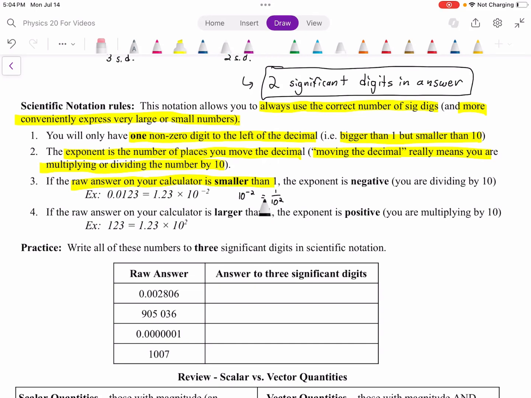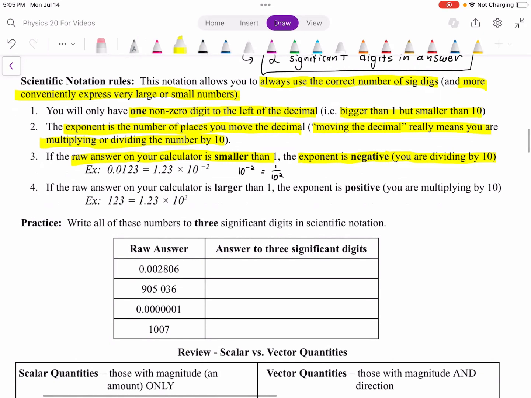So you can see there we're dividing by 10 twice. So 1.23 times 10 to the negative 2 is the same thing as 0.0123, okay? The exponent will be negative for numbers that are smaller than 1 when written in scientific notation, because we're taking this and dividing it by 10 twice to give us something like this.